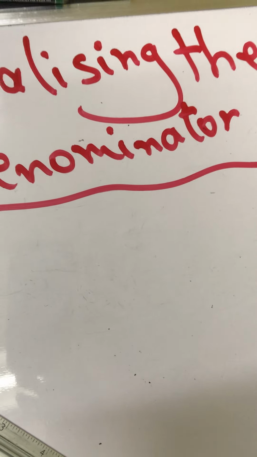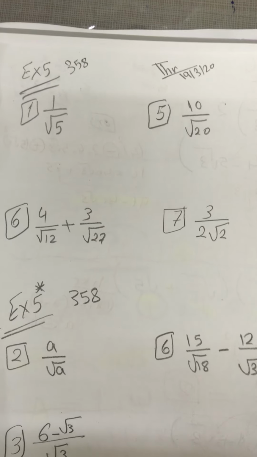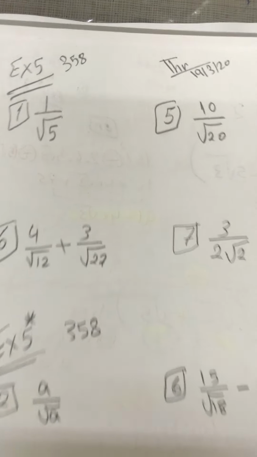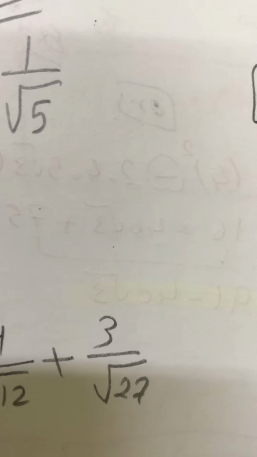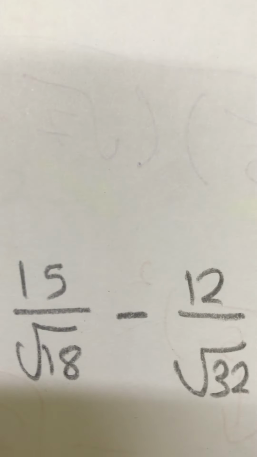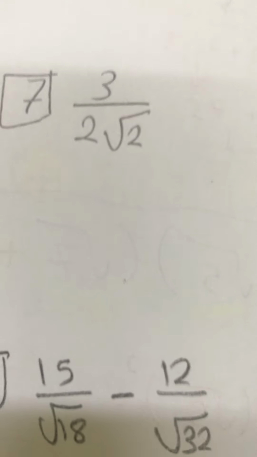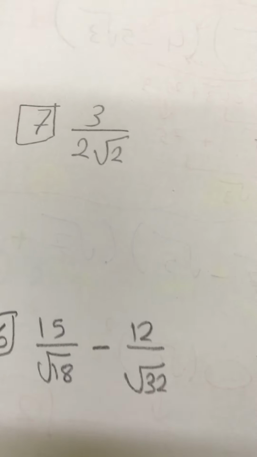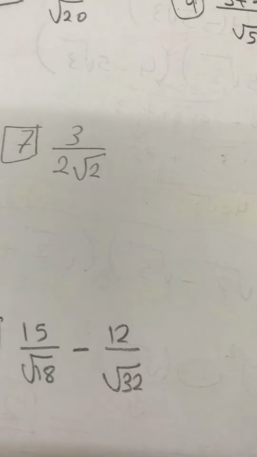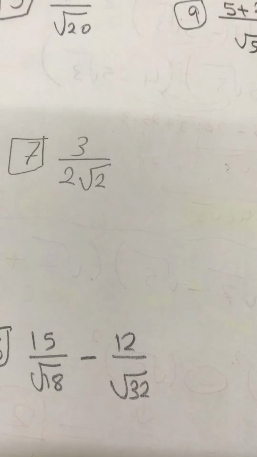Our lesson today talks about when I have a fraction and the denominator, as you see, is a root, like this. The denominator is a root. How can I deal with this root and make the answer without the root?